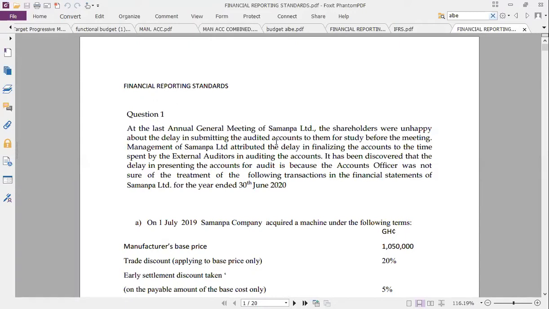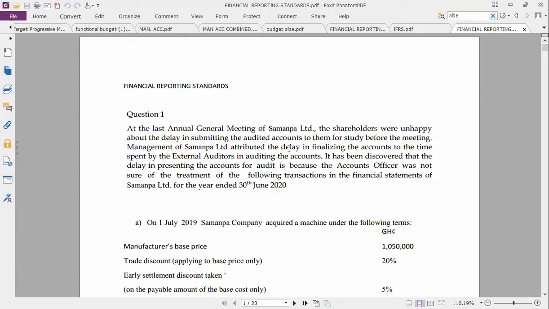Before the meeting, management of Samampa Limited attributed the delay in finalizing the accounts to the time spent by the external auditors in auditing the accounts.